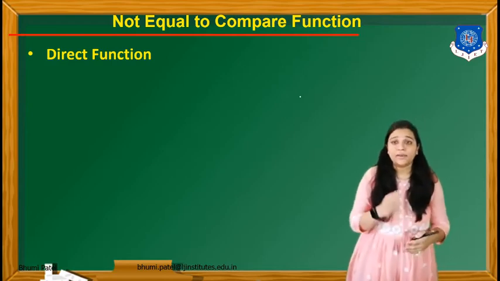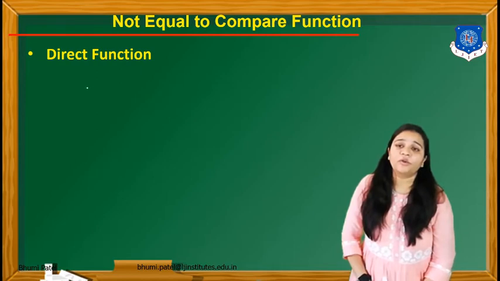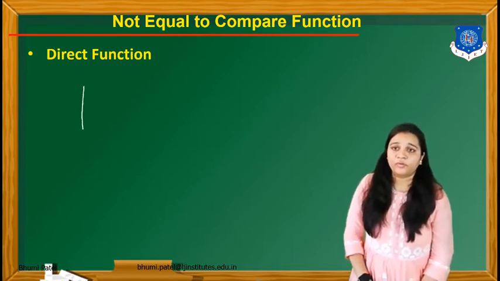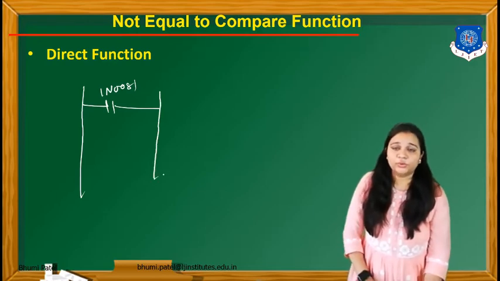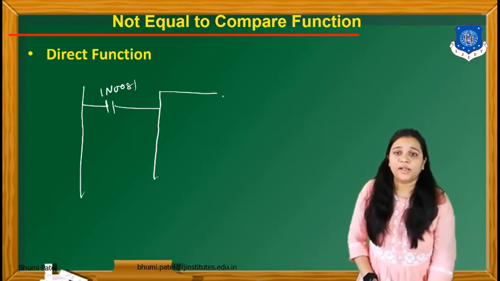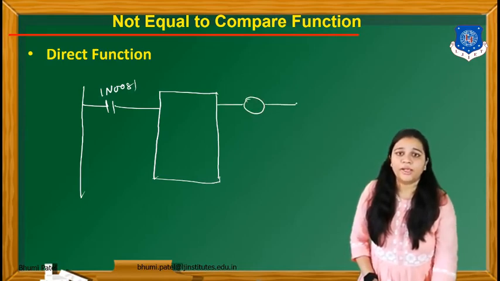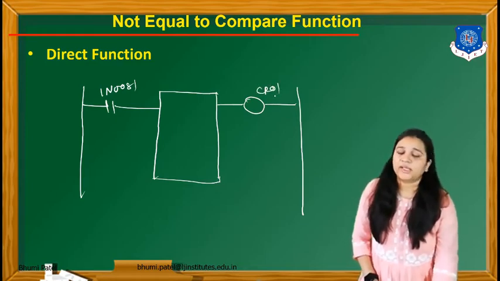We draw one input signal, suppose named IN0081. We must use a block format for the comparison function, so we take one block and one output coil, suppose named CR01.